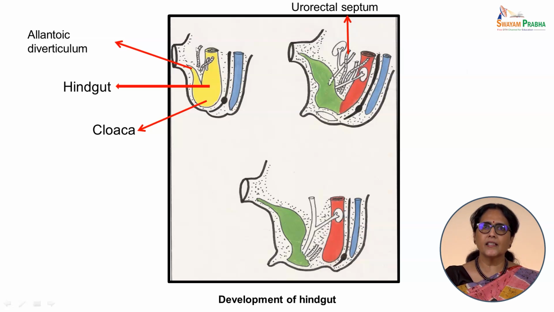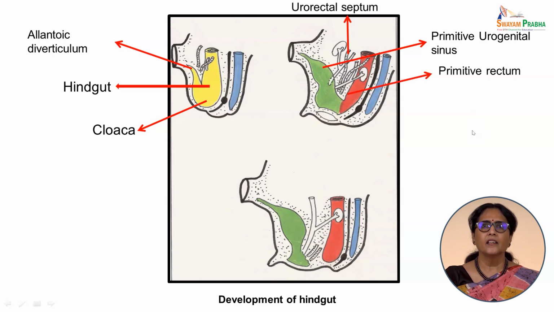The urorectal septum extends in the angle between the allantoic diverticulum and the hindgut and divides the cloaca into a ventral broad primitive urogenital sinus and a narrow dorsal primitive rectum.